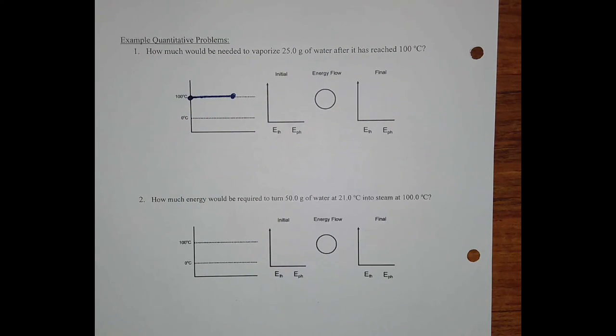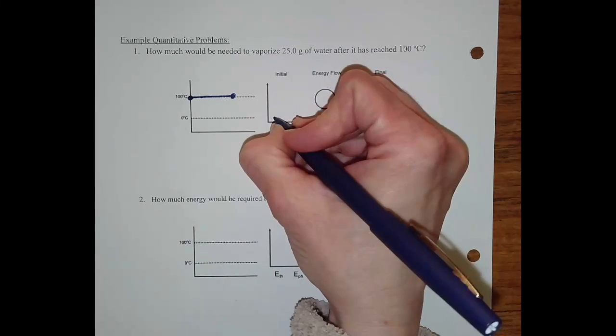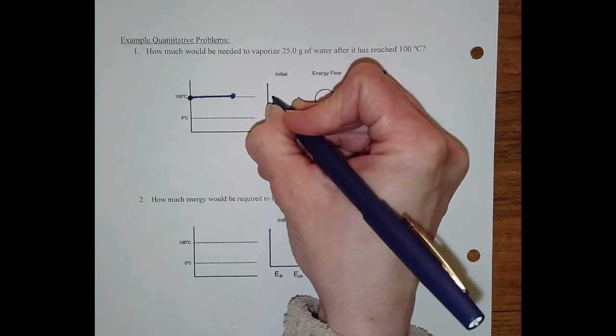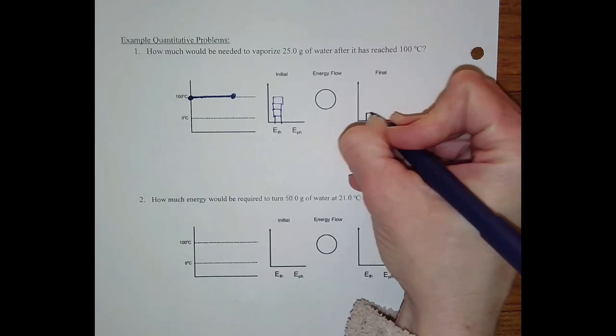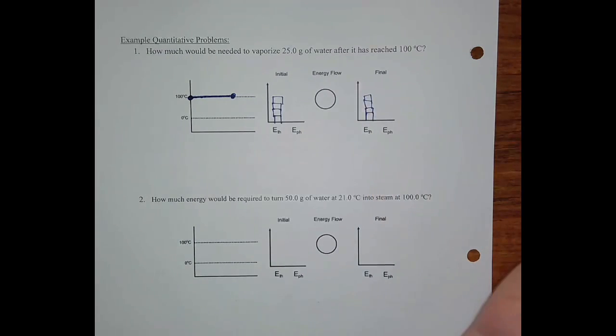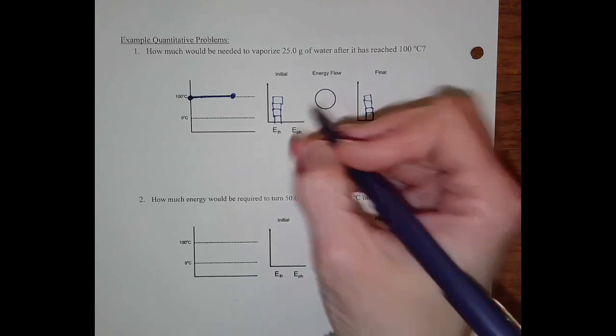We just need enough energy to get across the plateau. We're not changing the temperature. 100 degrees is pretty hot, so we'll build ourselves a fairly hefty stack of energy in the thermal account. But the stacks are equally tall, even though my drawing is horrible.